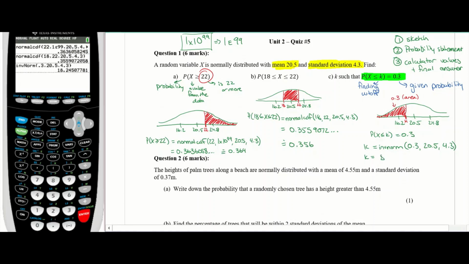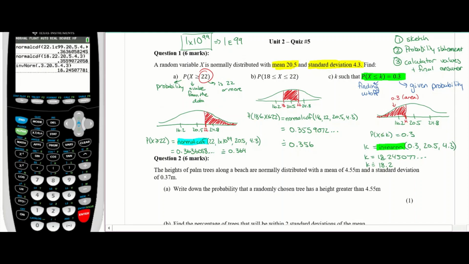So 18.2450 and so on, which means k to 3 significant figures is 18.2. So 2 different approaches: normal CDF, when you need to find the probability, and inverse normal, when you need to find the cutoff value.